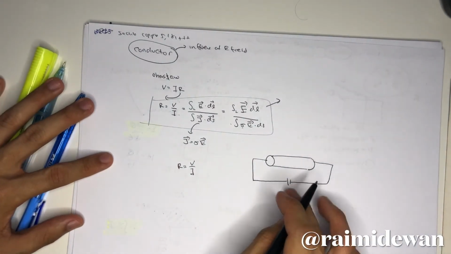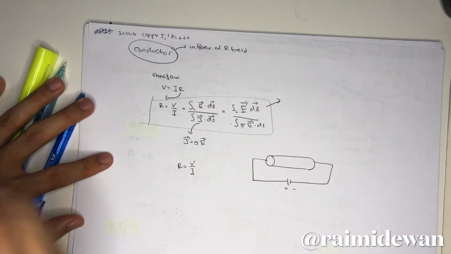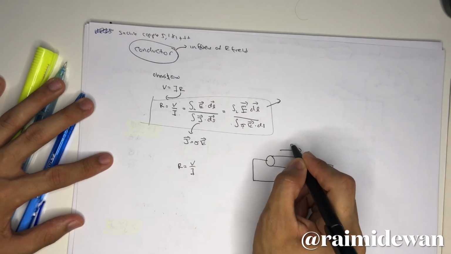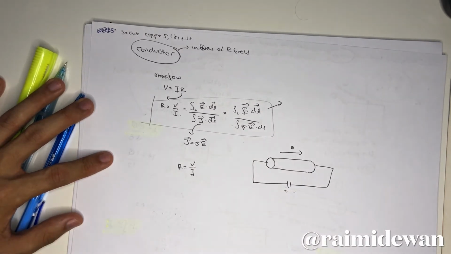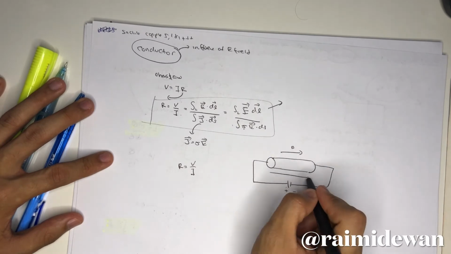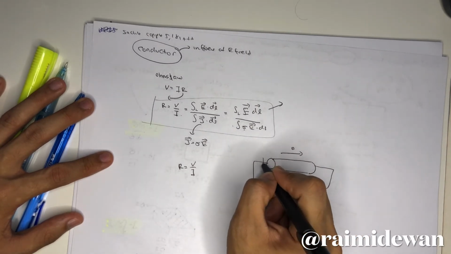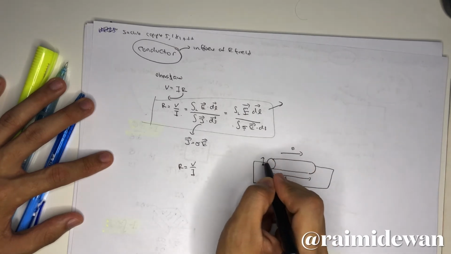Now you see this is your positive and this is your negative, so this will be your applied electric field. Then along this you will have a length, and this one is your surface.